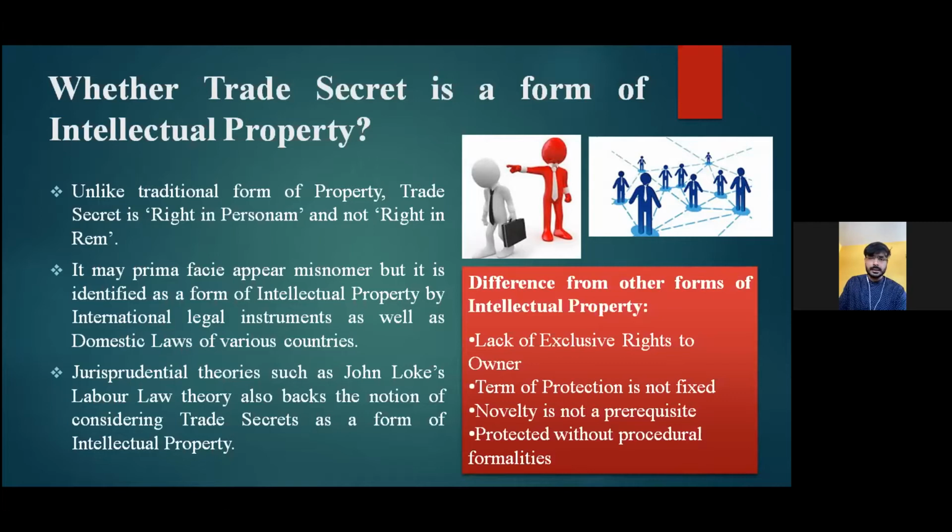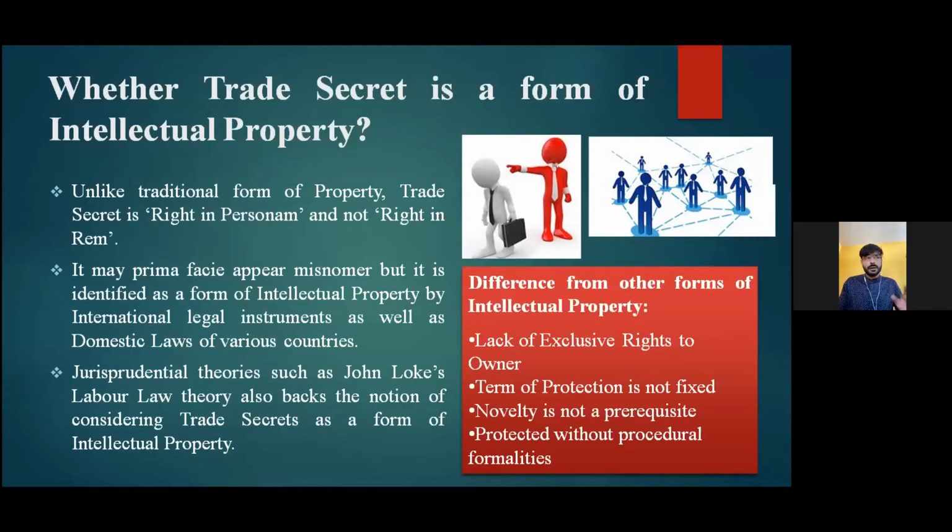So there are certain confusions or differences amongst the scholars, wherein people say that whether trade secret is a form of intellectual property or not is questionable. However, if we go by the TRIPS agreement, Article 39, Clause 2 of the TRIPS, which talks about undisclosed information, and if we go through the concerned provisions of the WTO, it suggests that trade secret is actually a form of intellectual property.